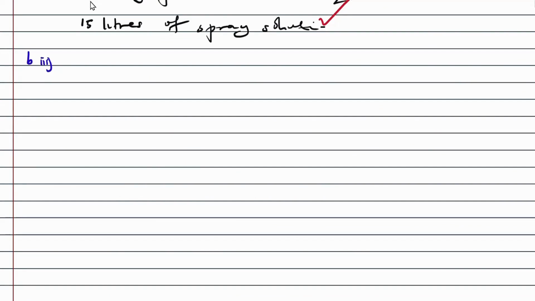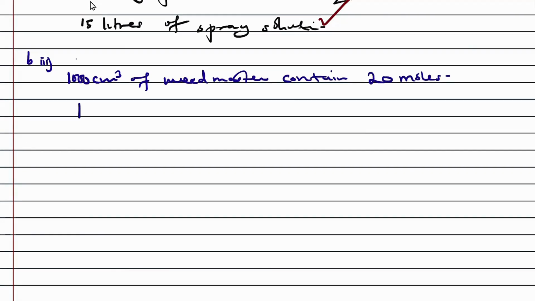Remember they told us from the scenario that 1,000 cubic centimeters of Weedmaster contain how many moles? Contain 20 moles. What about 1 cubic centimeter of Weedmaster? It contains, simply, we're going to divide: 20 divided by the 1,000, and still this multiplied by 1.